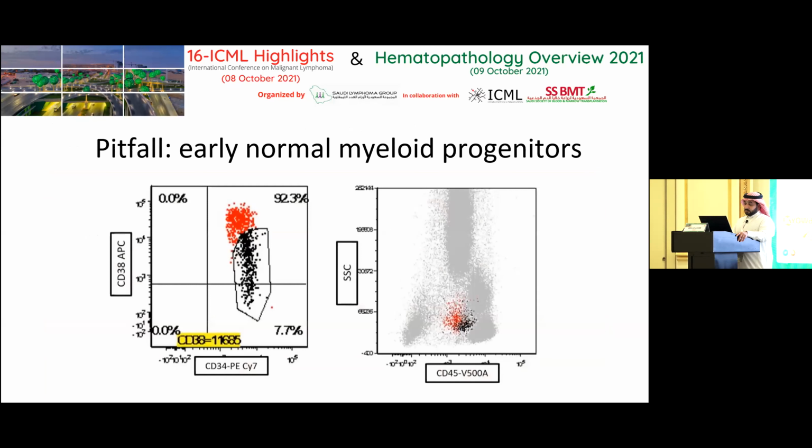Some pitfalls: when you deal with MRD by flow cytometry, you have to distinguish the early normal myeloid progenitor, which is usually dim CD34, bright CD30, dim CD38, bright CD34, and for CD45, it is usually dim to bright.